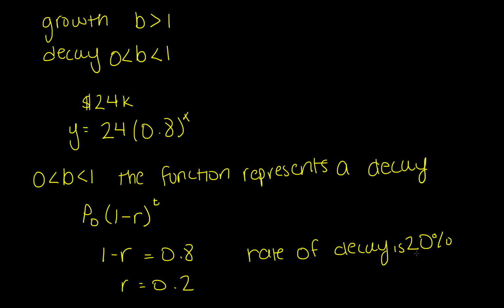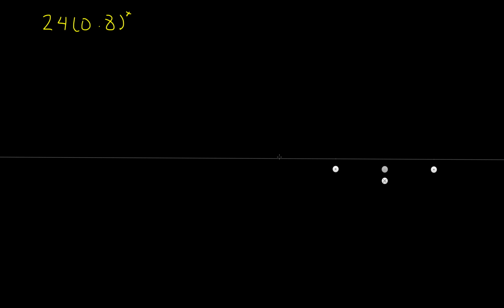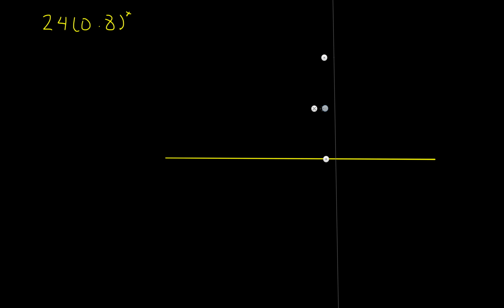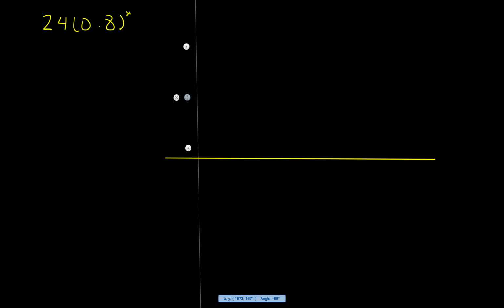All right, part C wants us to graph the function on a reasonable domain. A reasonable domain is something that we're going to be paying for. So we have 24 times 0.8 to the x. When I graph this, I'm going to move it over this way just so we can see the decay.